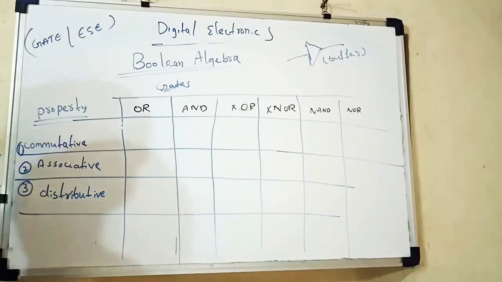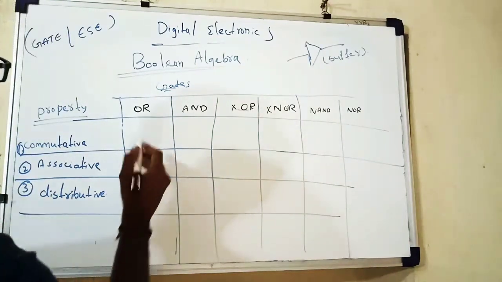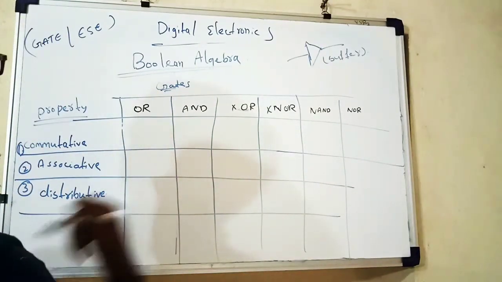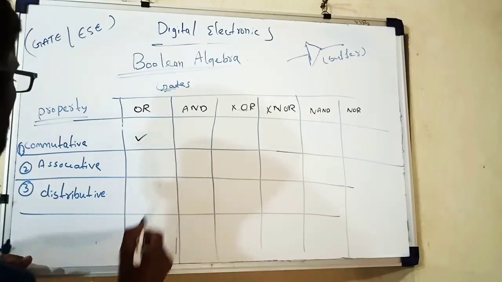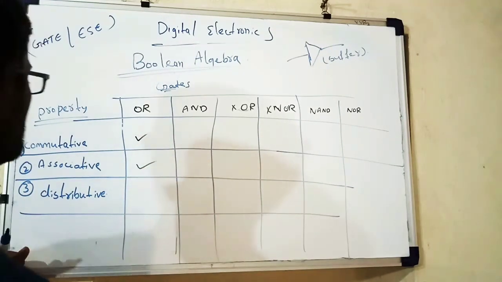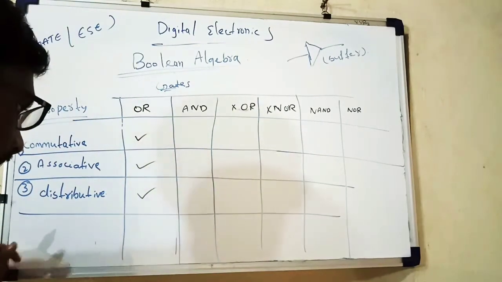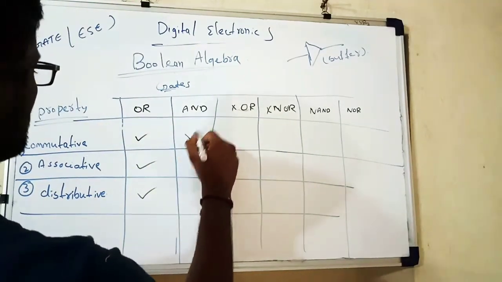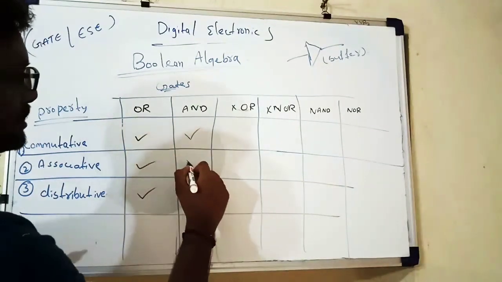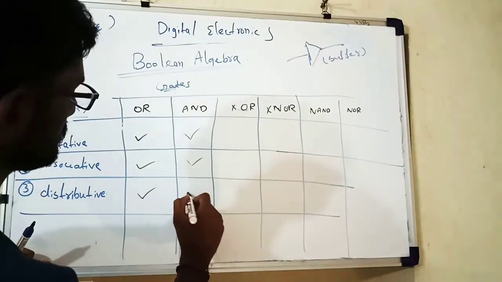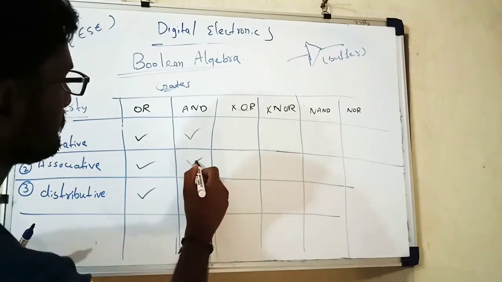Let us see commutative. For the OR gate, all types of properties are satisfied. Commutative property satisfies, associative property satisfies, distributive property also satisfies. For the AND gate also, commutative, associative and distributive properties all satisfy.